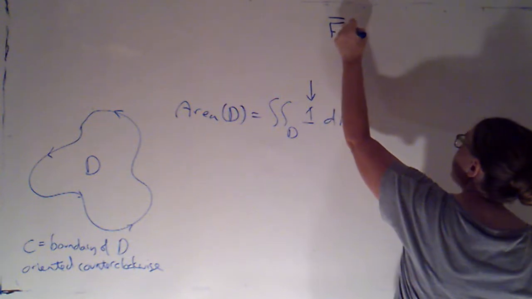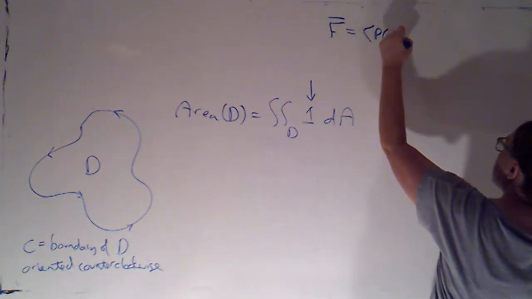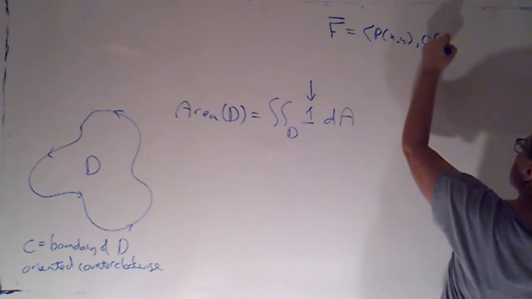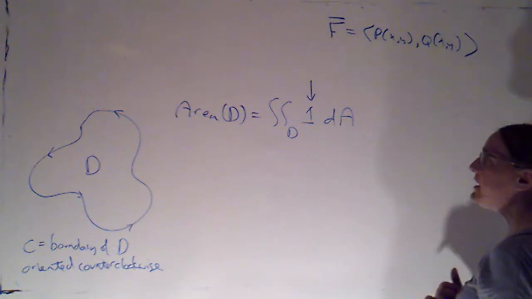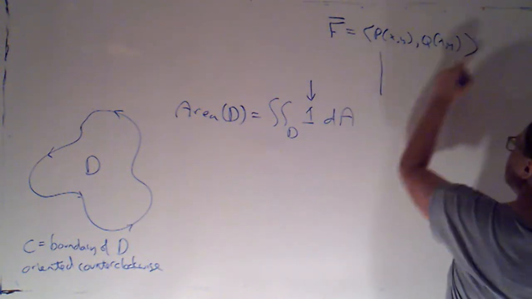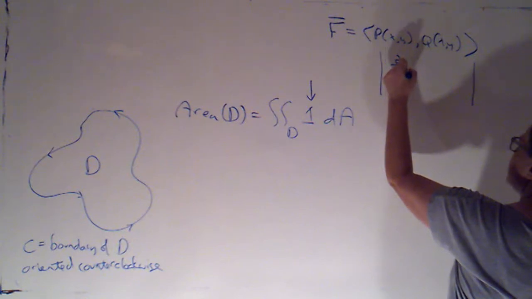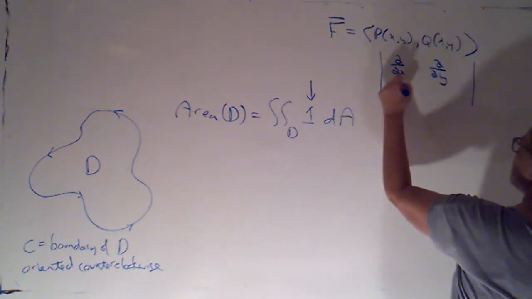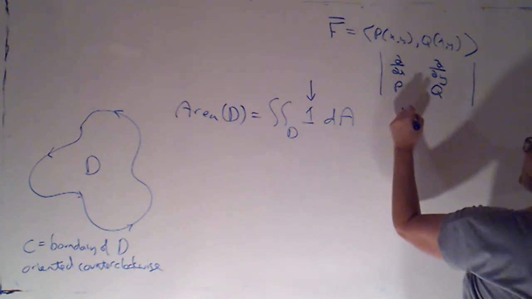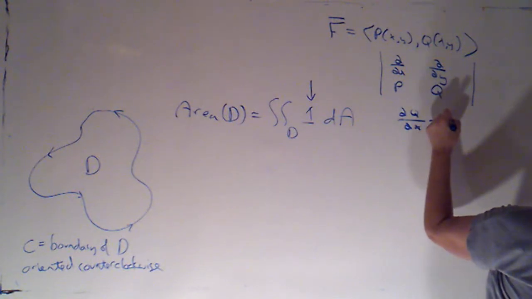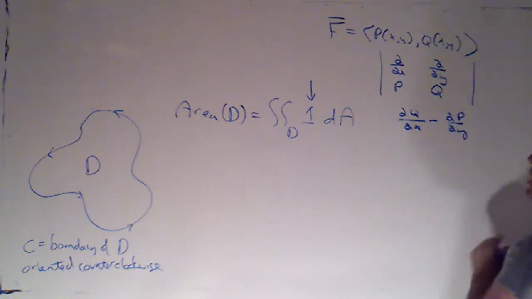So if I have a vector field F, and it's P of x,y, Q of x,y, I know that what I integrate using Green's theorem is the determinant of this 2 by 2 matrix. That would be the partial of Q with respect to x minus the partial of P with respect to y.